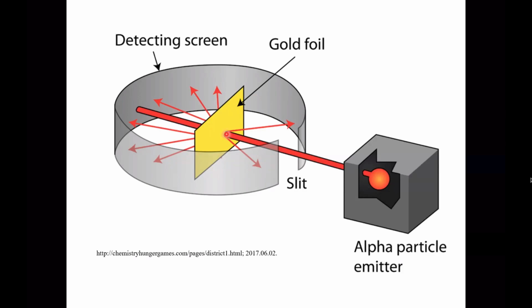Within the gold, the particles interacted or collided with the atoms, and some of the particles became reflected back. Definitely, he expected that the particles would be scattered behind the foil. However, he was surprised when he watched the flashes on the screen.